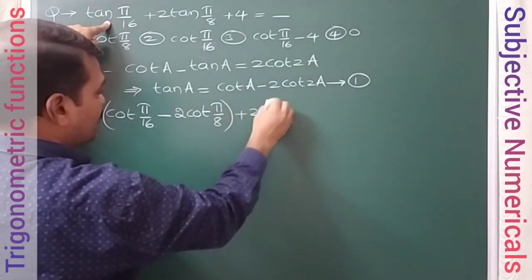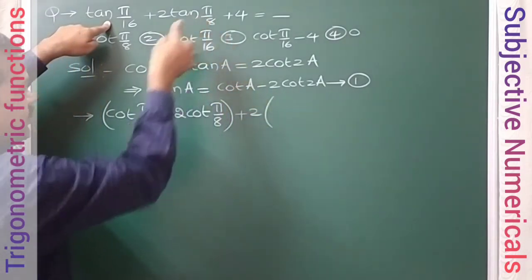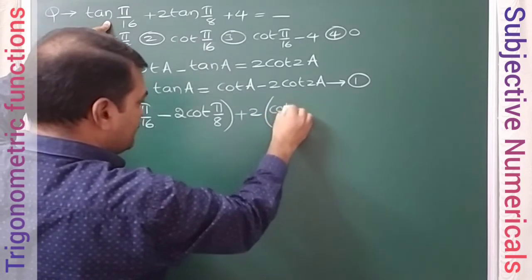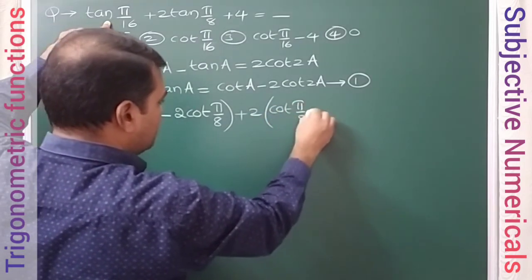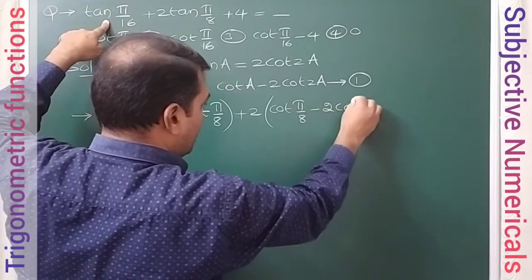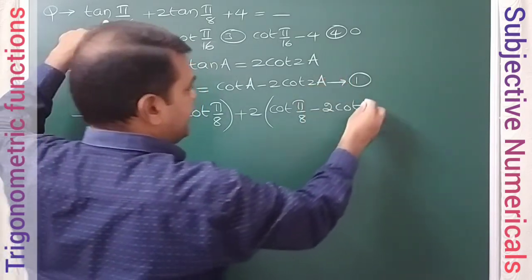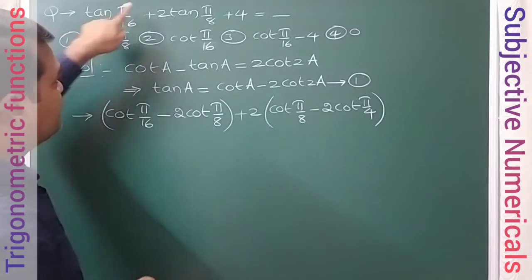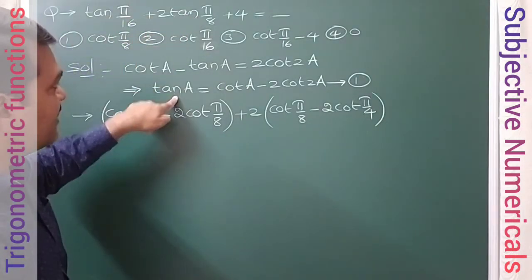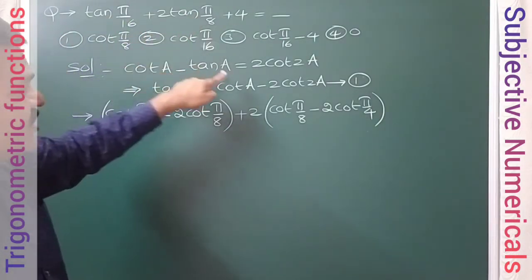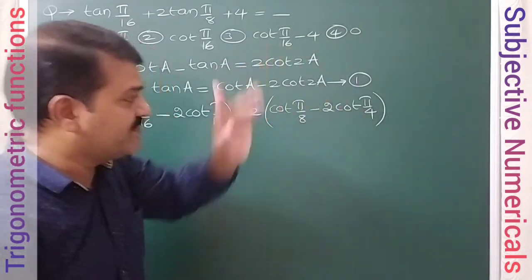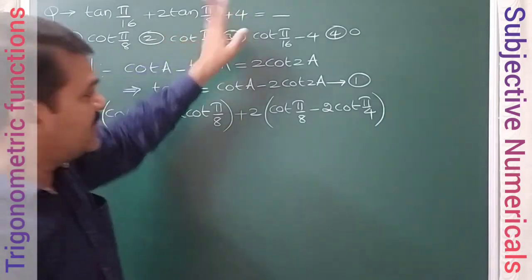Plus 2 into tan pi by 8 using this formula. Means A is taken as pi by 8. So you will get cot pi by 8 minus 2 cot 2 into pi by 8 means pi by 4. This is also over. Last plus 4.